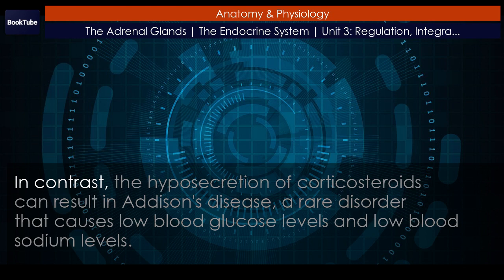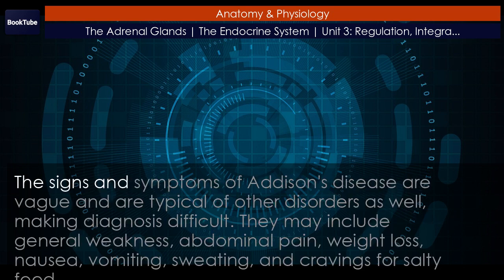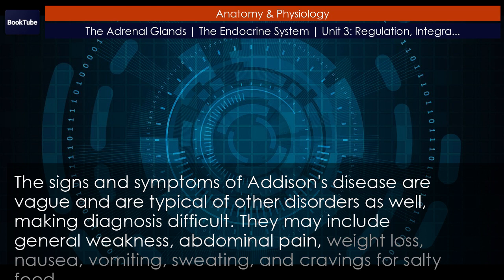In contrast, the hyposecretion of corticosteroids can result in Addison's disease, a rare disorder that causes low blood glucose levels and low blood sodium levels. The signs and symptoms of Addison's disease are vague and are typical of other disorders as well, making diagnosis difficult. They may include general weakness, abdominal pain, weight loss, nausea, vomiting, sweating, and cravings for salty food.